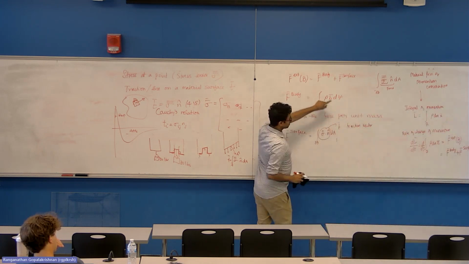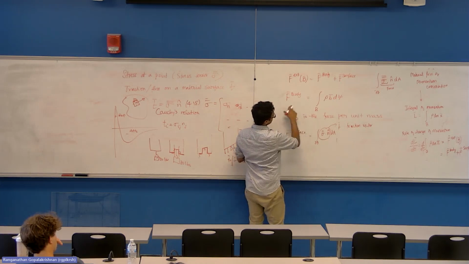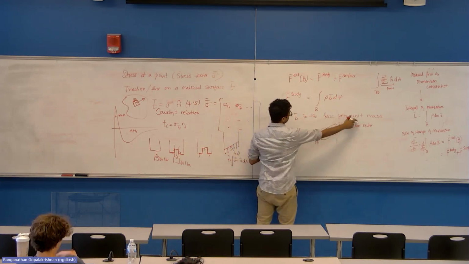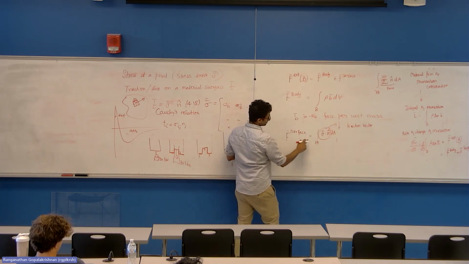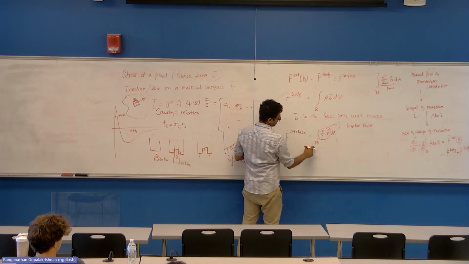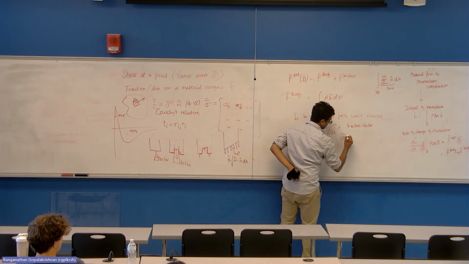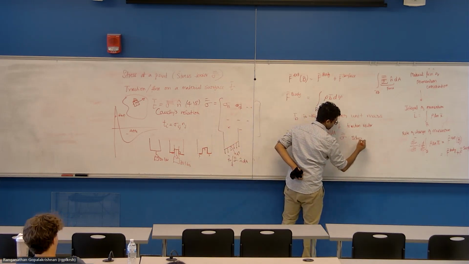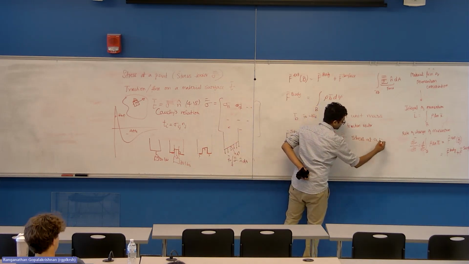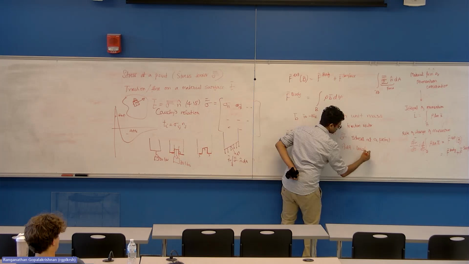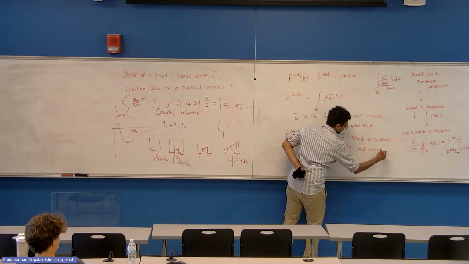F body is equal to rho times B dV, where B is the force per unit mass. F surface is sigma dot N dA, where sigma is the stress at a point in the material, and N cap dA is the local area vector.